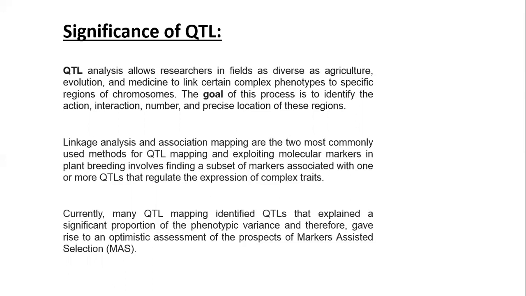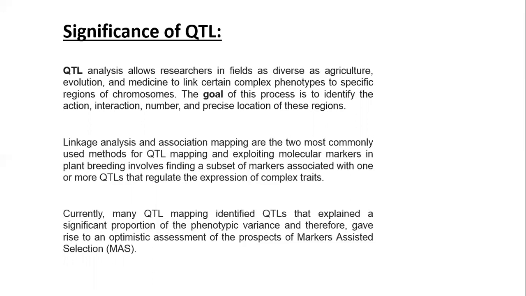It can be used to identify the action, interaction and number of locations of the regions. Linkage analysis and association mapping are the two most commonly used methods for QTL mapping, and these exploit molecular markers. In plant breeding, this involves finding a subset of markers associated with one or more QTL that regulate the expression of complex traits.